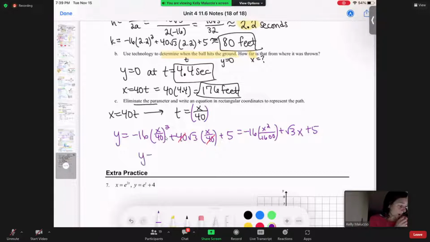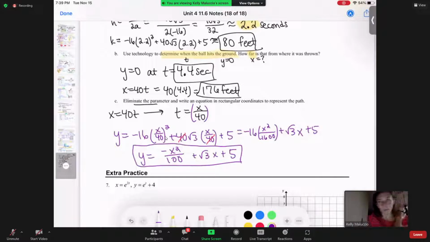So I could say Y equals negative 1 over 100 X squared plus square root of 3 X plus 5, or you could say 0.01, right? Or you could also put X squared first, negative X squared over 100. Either way. For some reason, I always write that coefficient and then X squared, but either way. Excuse me. So this is our equation in terms of X and Y.